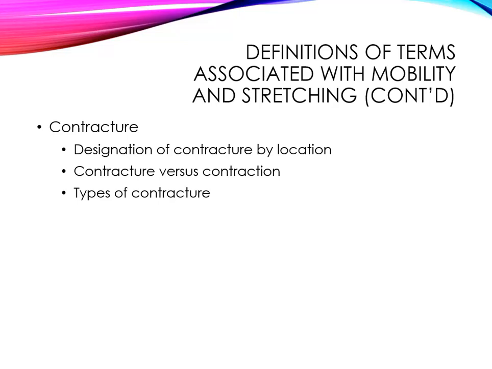Another example would be patients who have had adhesive capsulitis and did not improve with therapy, and they would have to go in and surgically improve the joint for increased mobility.